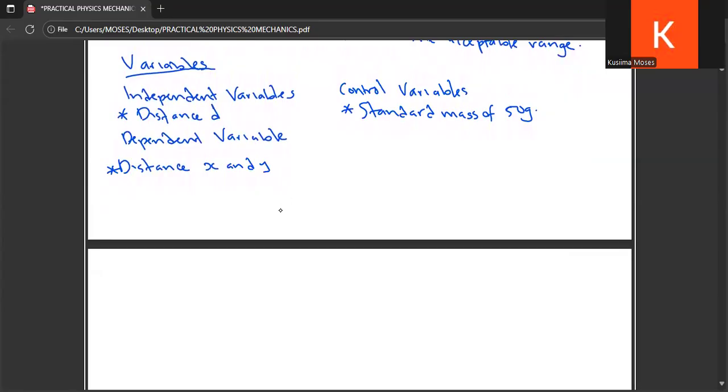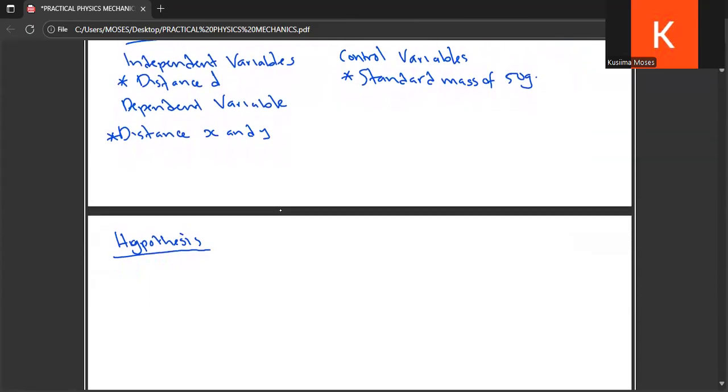Then from the variables, we shall move to the hypothesis. This is the order. Hypothesis is an estimate of the expected value of the mass of the metal, but for this case, they already gave us the range.